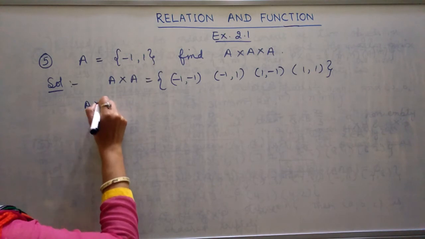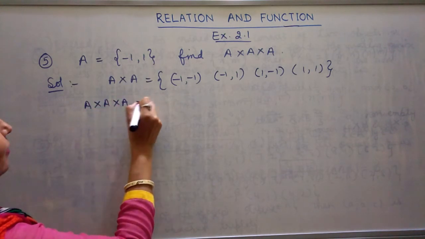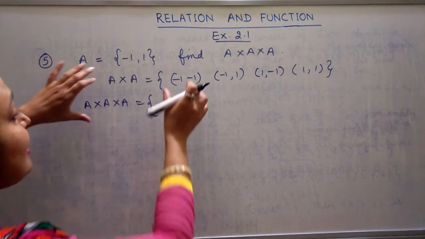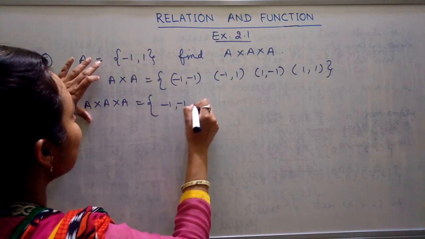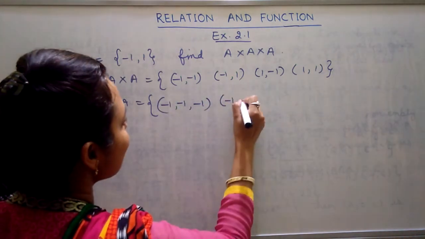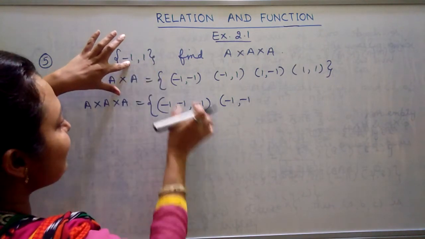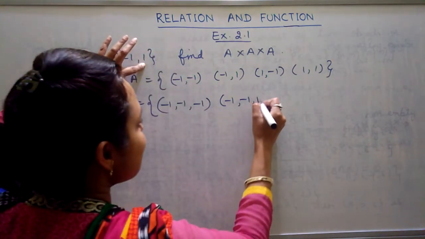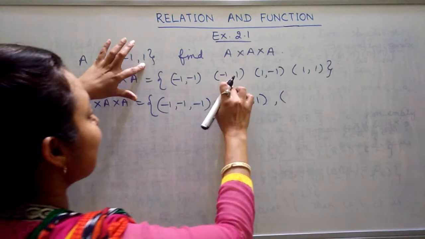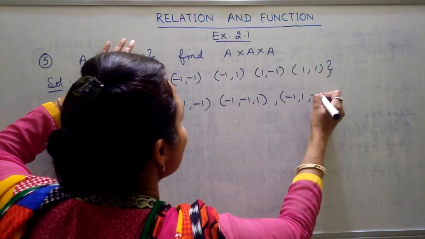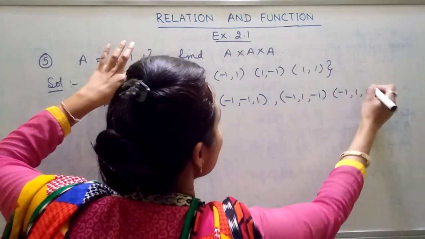Now come to A cross A cross A. How can you find out how many elements there are? (-1, -1, -1), then (-1, -1, 1). This element is first taken with the first element and this with the second. Now the second element: (-1, 1, -1) and (-1, 1, 1).